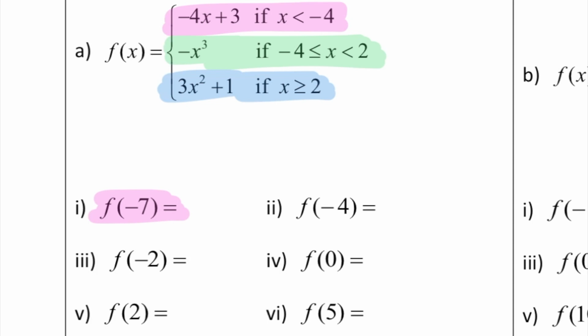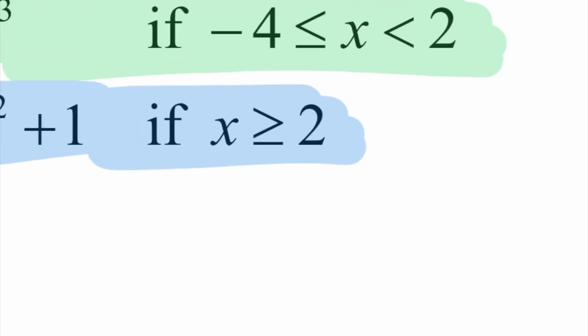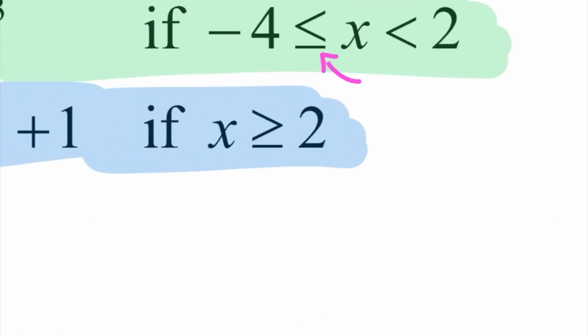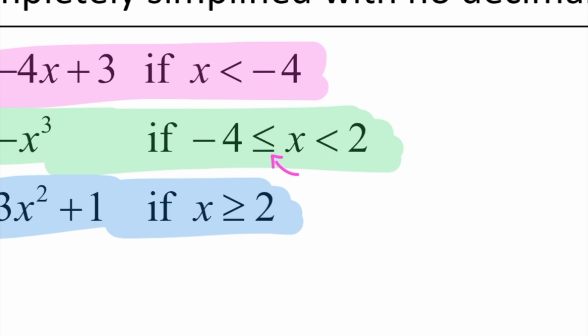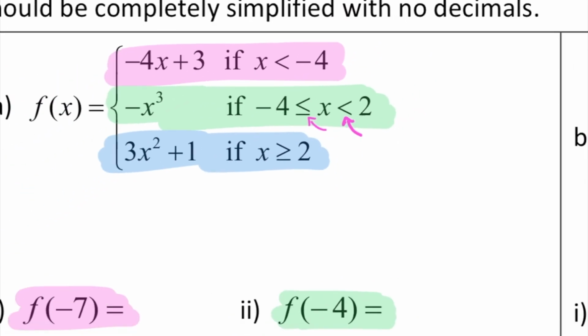But -4 is equal to -4, and notice that the equal sign for the less than or equal to -4 is in that green section, and so I'm going to use the green part of the function equation to find f of -4. -2 is in that same section, 0 is in that same section, and 2, because there is no or equal to sign there, so this one does not have the or equal to sign.